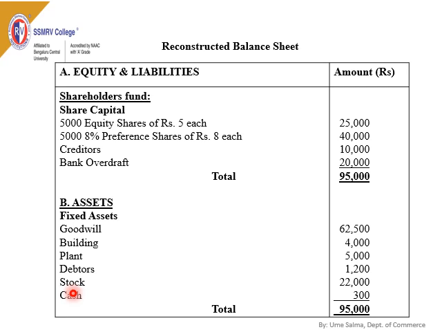So the figure shown in the earlier balance sheet is shown here and the cash is also rupees 300. So only with the goodwill there was the adjustment. The liabilities total 95,000 and now the assets total also shows 95,000. So now our new and reconstructed balance sheet is ready with all adjustments and alterations done.